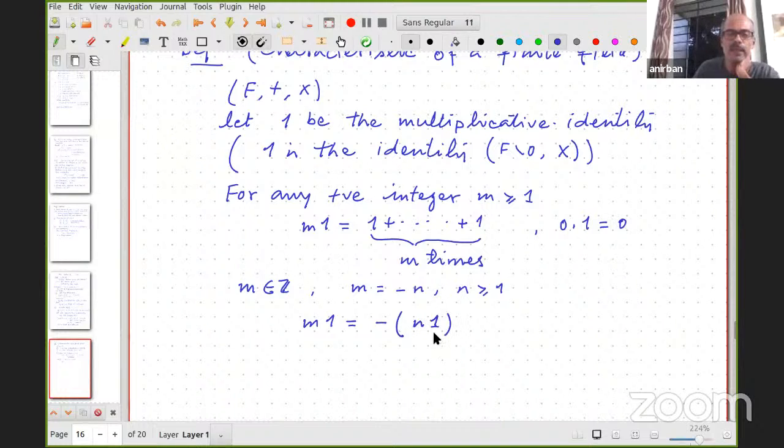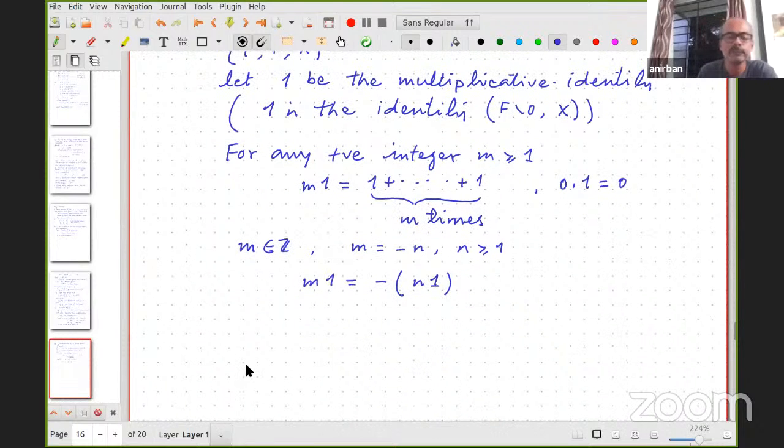Now n is positive, so n of 1 is just the sum of 1 n times, and then you can consider the negative of that. Either way you can consider: you can just consider the negative of this element, or you define it like this. So this is all the same.